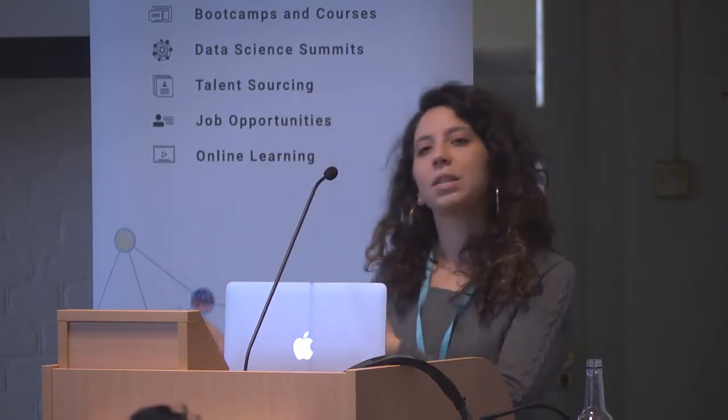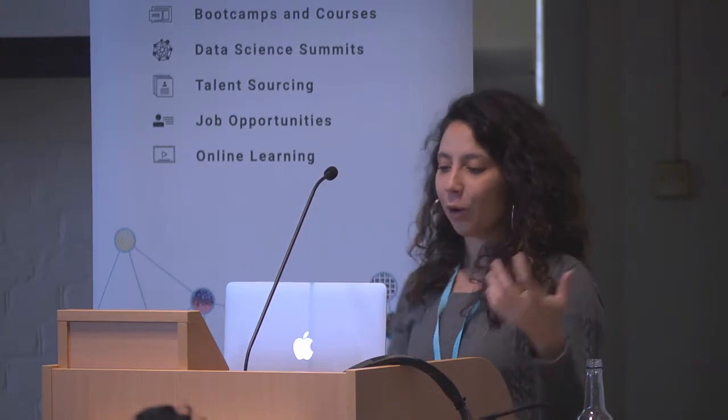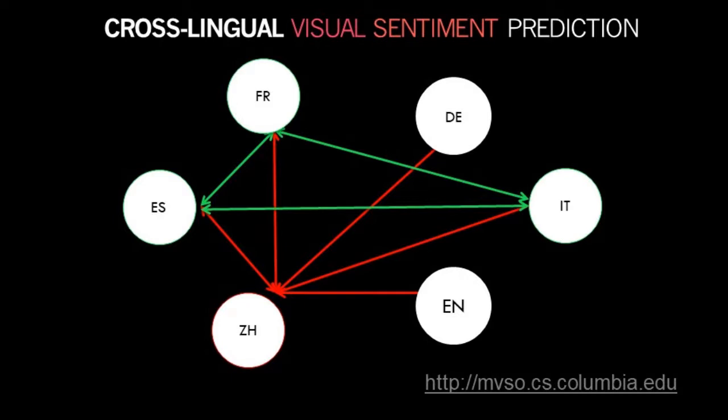And the nice thing about this is, because we do this with a lot of different cultures, that now, given an image, we also have a nice demo. We can automatically score it according to the Chinese sentiment or the Italian sentiment or the French sentiment and so on.